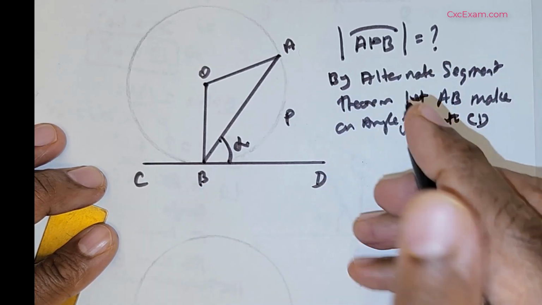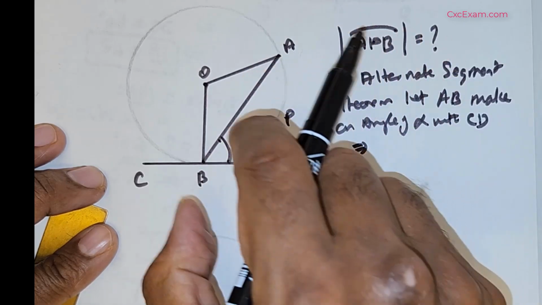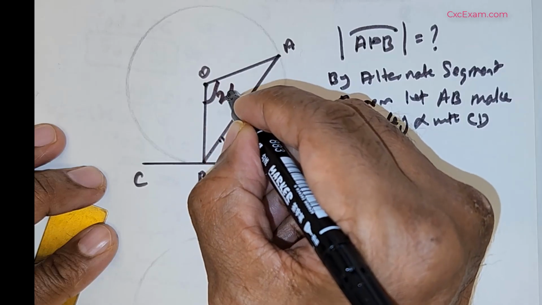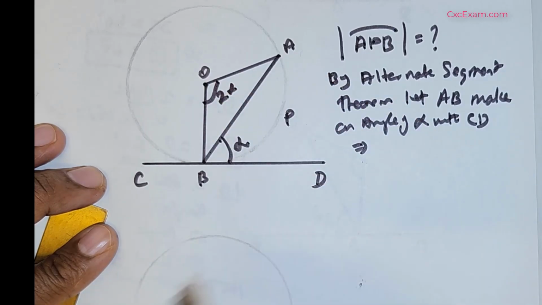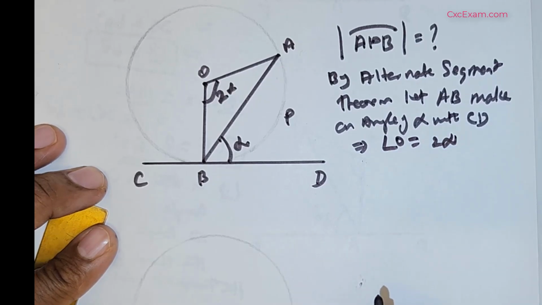So by alternate segment theorem, this is equal to 2 times alpha here, angle at the center. This means angle at O is 2 times alpha.